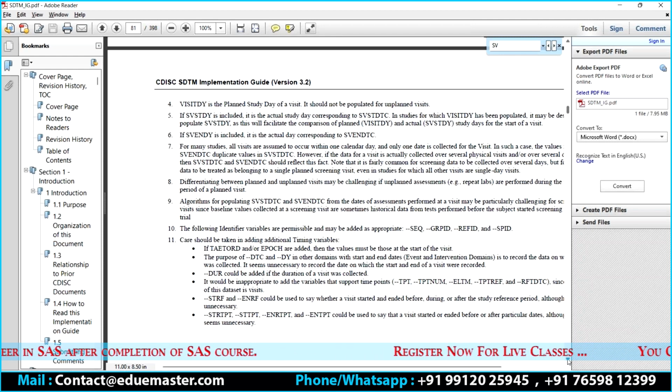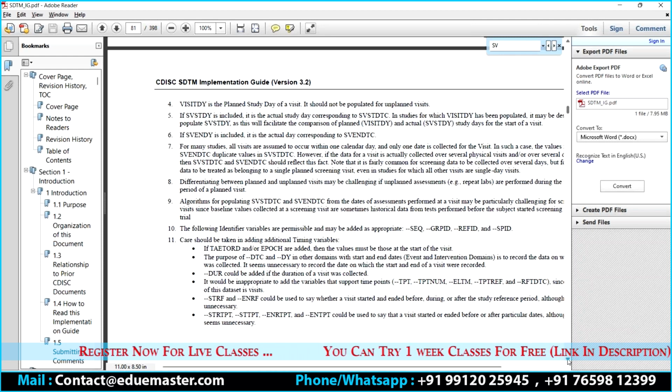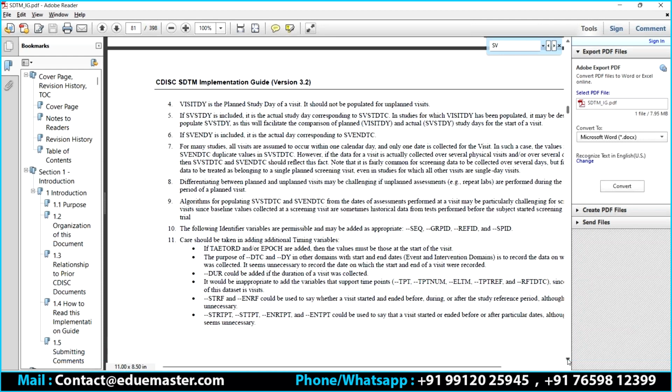So this particular variable is dependent on trial arms, and in trial arms, we do have epoch, which distinguishes the TAETORD. So I was just thinking if we use these values in TV also, in that case, those might be permissible, but I'm not sure. So I just wanted to be clear.